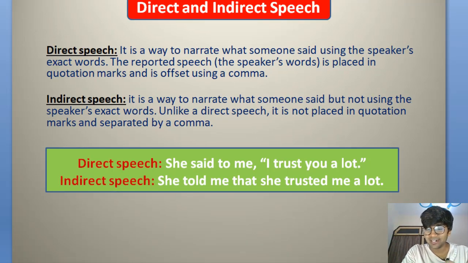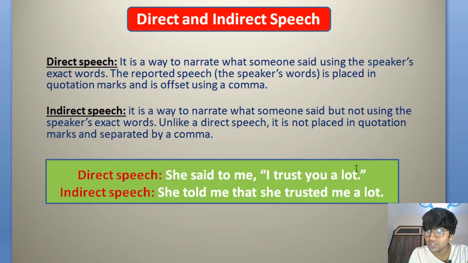So we know a direct speech is a way to narrate what somebody said using the exact words of the speaker. You do not change anything. The reported part, the part coming from the original speaker, comes within quotation marks. As you can see, she said to me, "I trust you a lot."